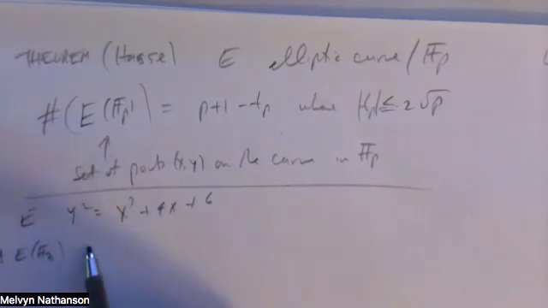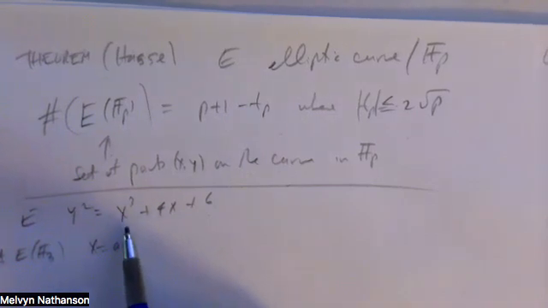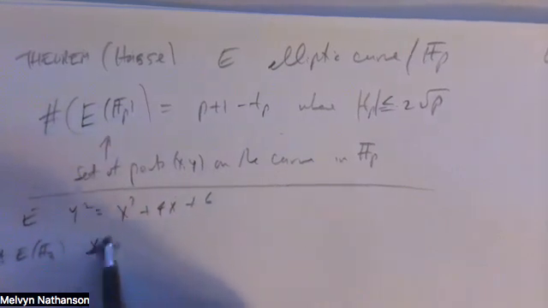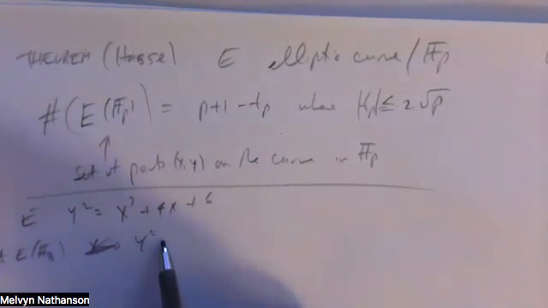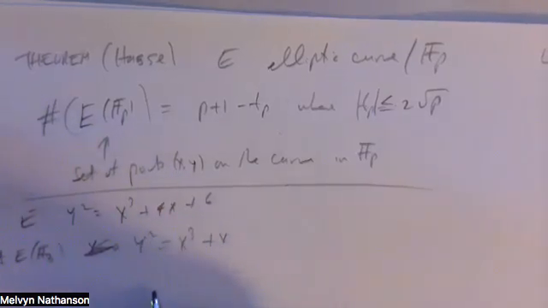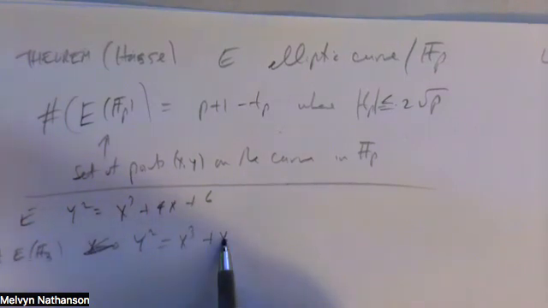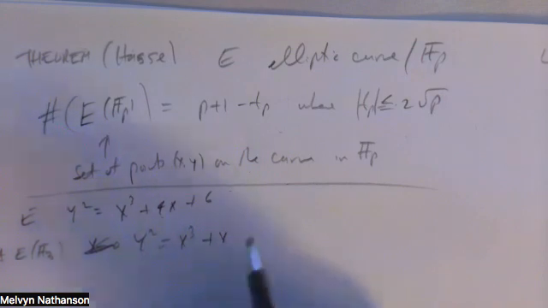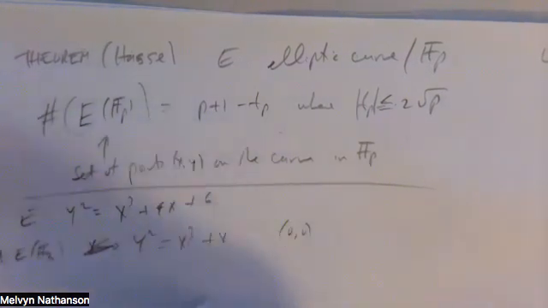Suppose I take x equals 0. Over F_3, this curve is the same as y squared equals x cubed plus 4, which is the same as 1, and 6 is the same as 0, so x cubed plus x. So when x is 0, I get y squared equals 0. So one solution is (0, 0). When x is 1, I get 1 plus 1 is 2. 2 is not a square.